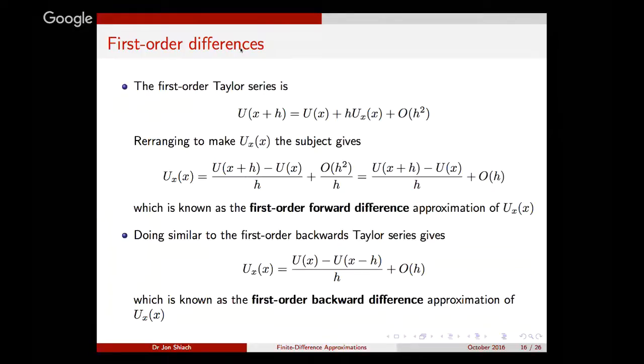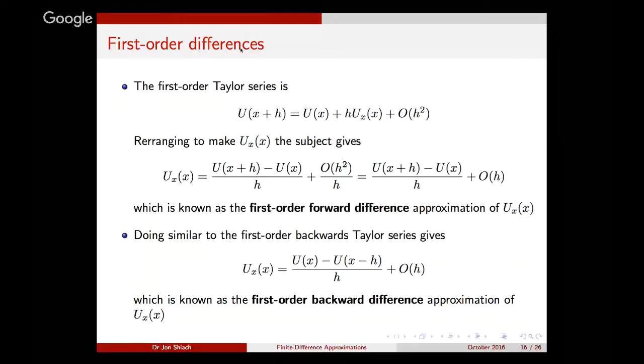Okay. Now consider the first order Taylor series expansion. So that's my 0th order term, there's my first order term, and that's my truncation error. So I've ignored anything after first order.